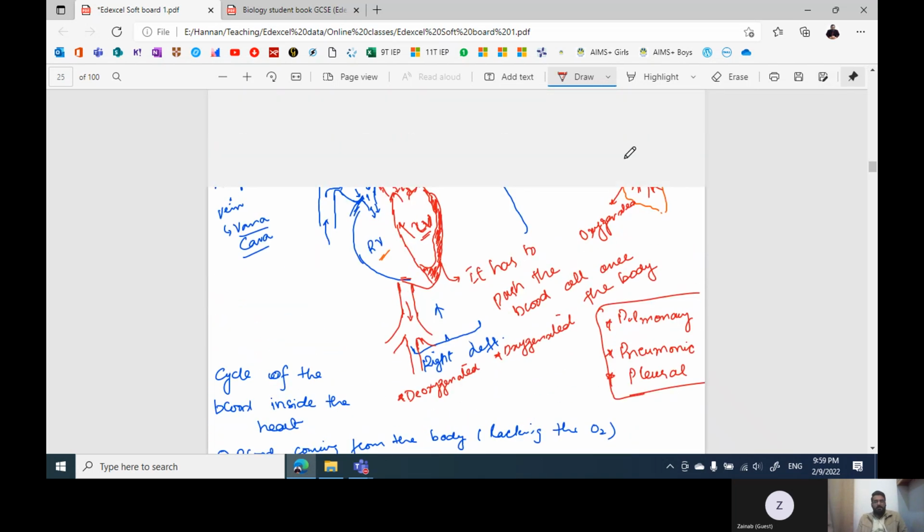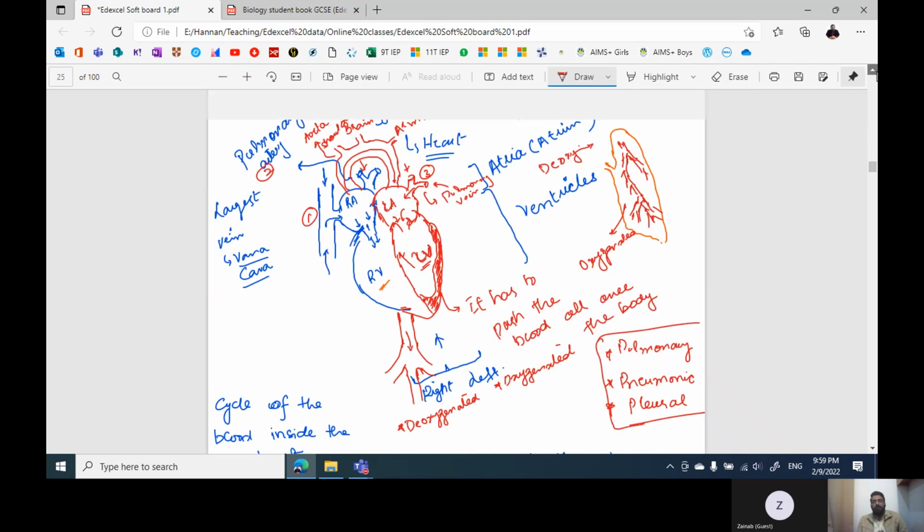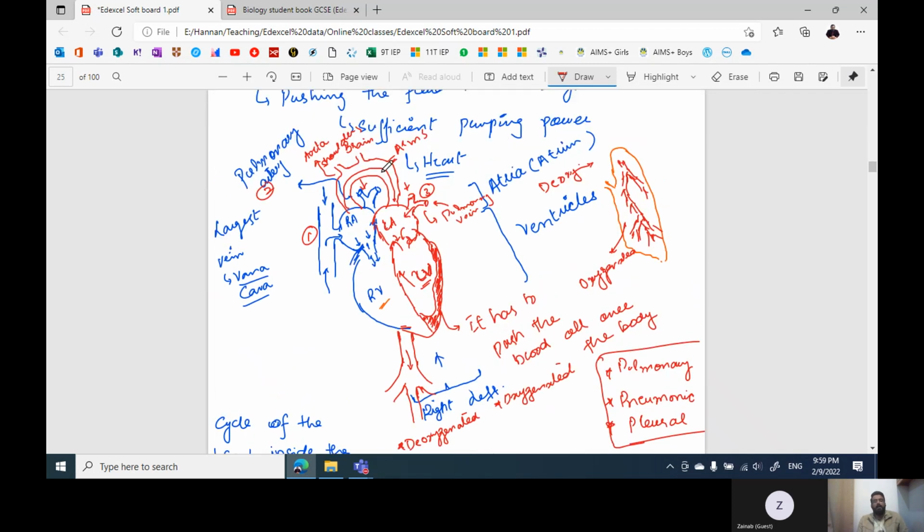First, it enters from the right atrium. Then it leaves from the pulmonary artery towards the lung, second. Then it enters into the heart from the pulmonary vein, third, and then it goes out from the heart with the help of the aorta, that is fourth.